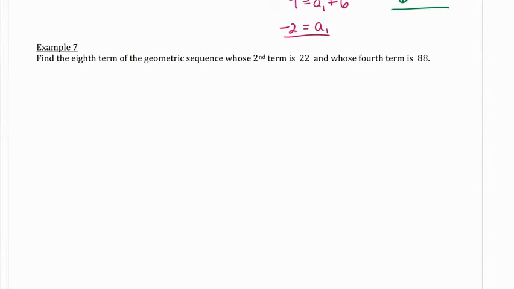And this time we're looking for the 8th term of a geometric sequence. So again, I'm going to fill in that first basic formula. If it's geometric, I want the first term times the common ratio raised to the n-1 power.